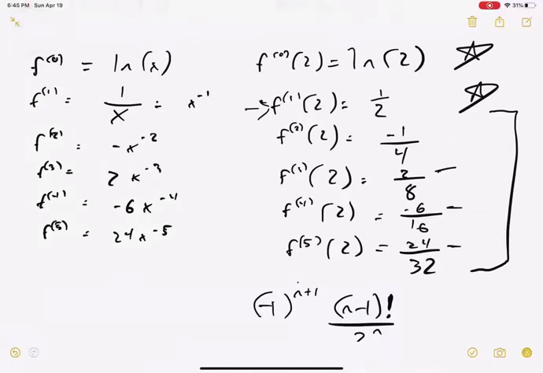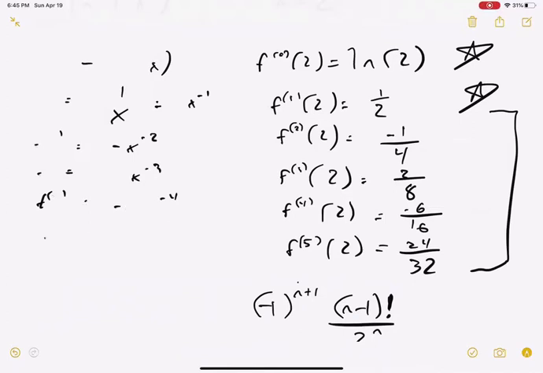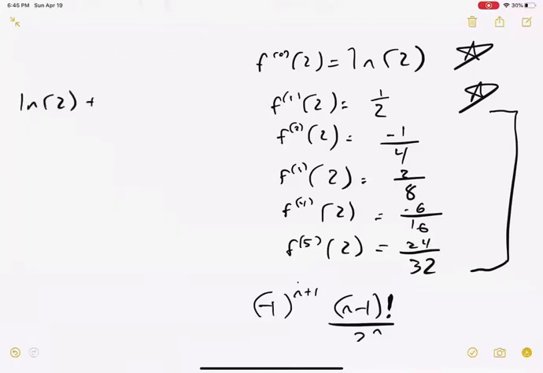Okay, so let's just clean everything up a little bit. How could we write this series? If we have a first term that doesn't match the pattern, I'm just going to pull that out front. So I have ln of 2, and then I'm going to try and write the rest as a series.